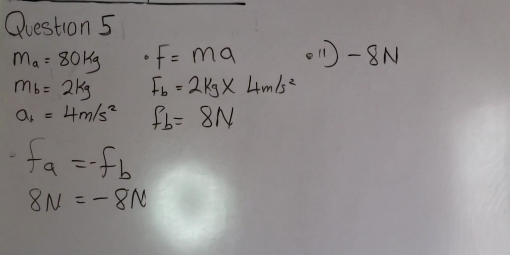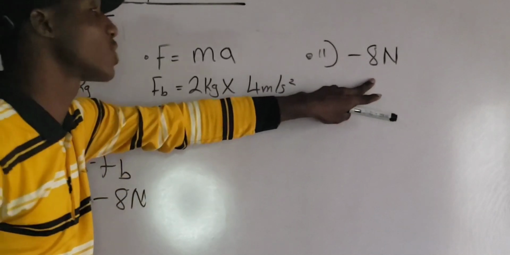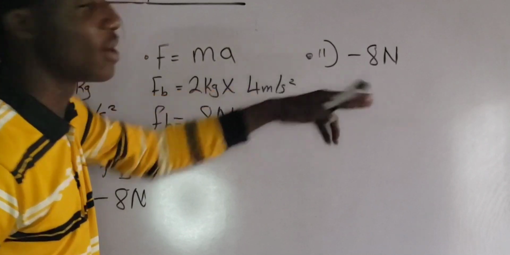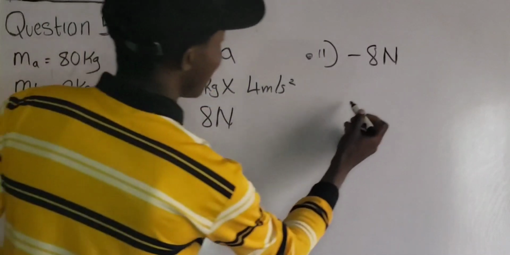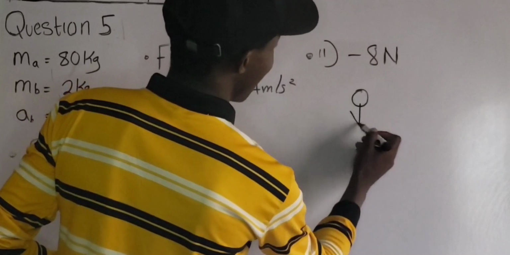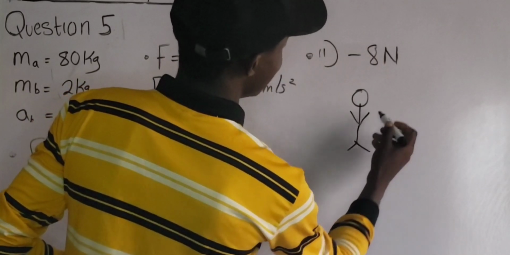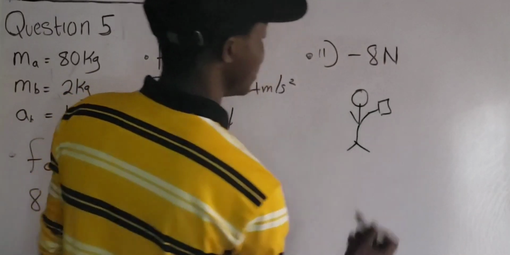Now, let's proceed to question C. What is the acceleration of the astronaut? That's very, very simple, okay? Now, we've known that the force on the astronaut is negative 8 Newton. The reason why, let me just draw a diagram. Look at this. If this is the astronaut, the astronaut is holding this box in space.